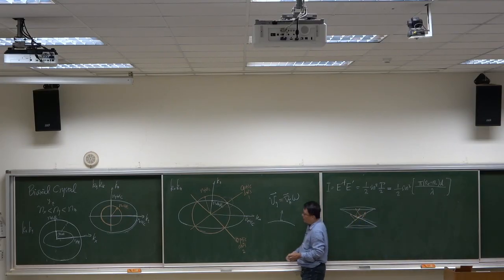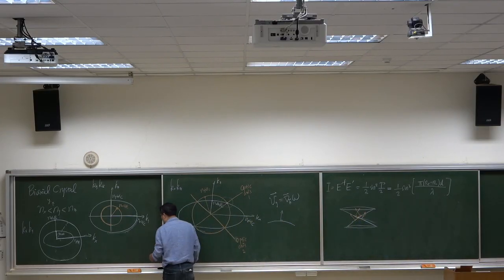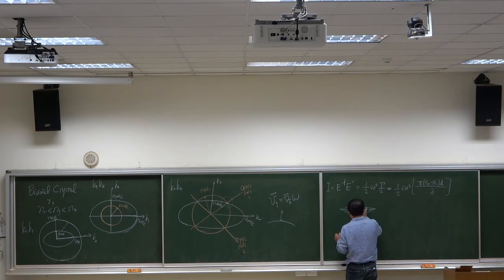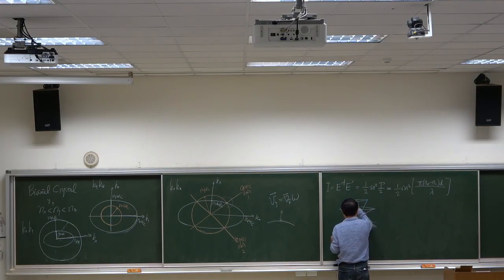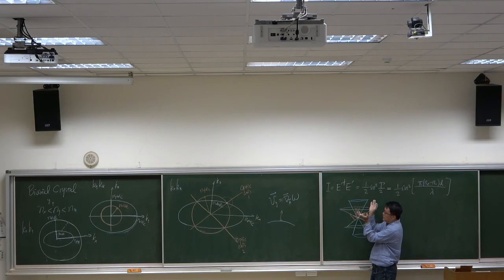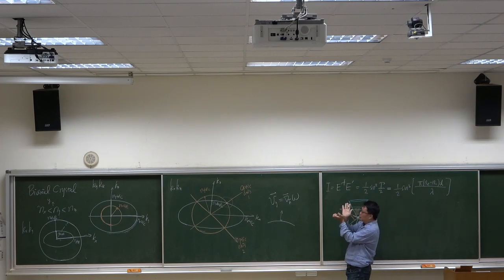We get the cone for the energy propagation. We get a cone like this. This cone represents the ray of energy.